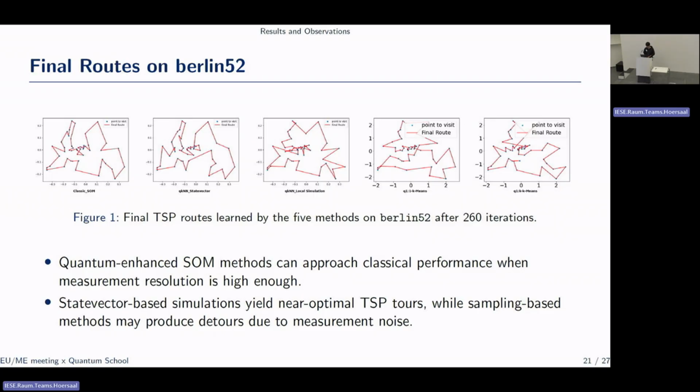We can see that the stacked vector can achieve almost the same results as the classical SOM. But for the sampling-based methods, for example QK-means, it may produce detours due to measurement noise.